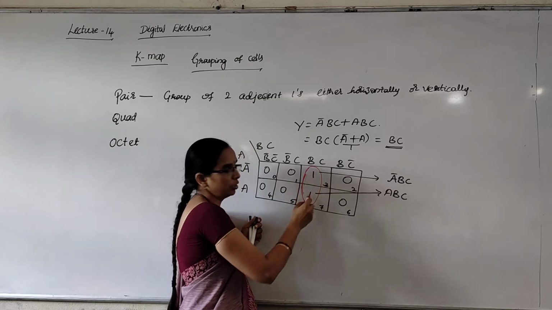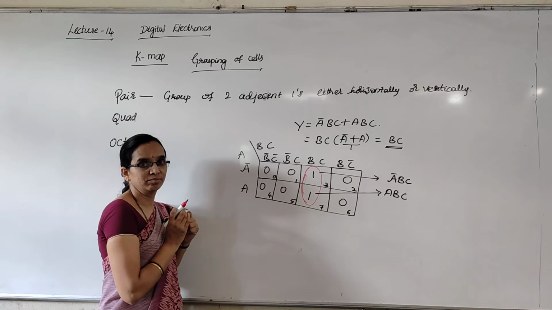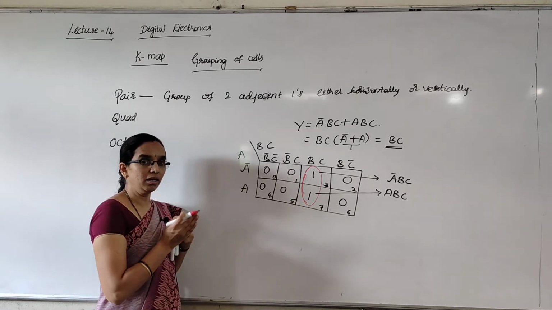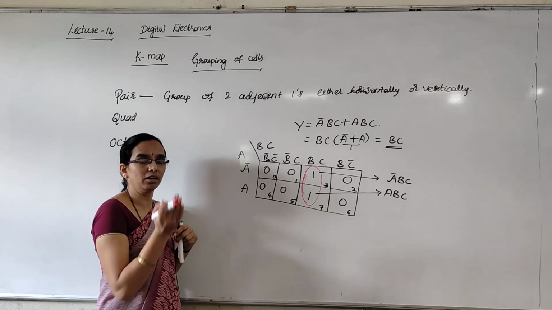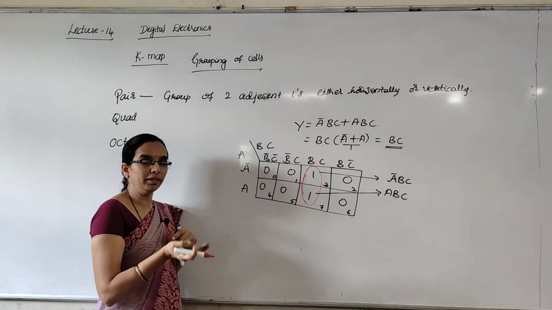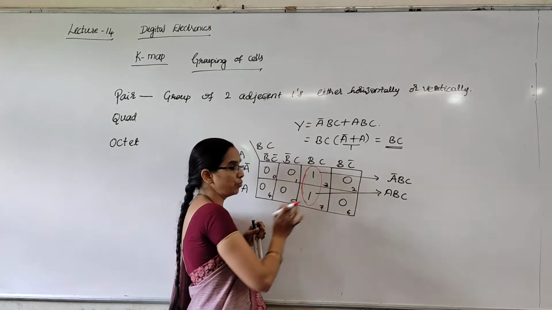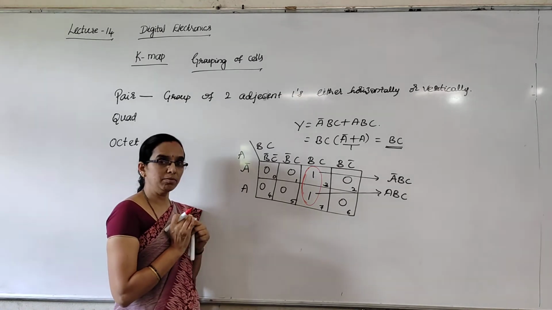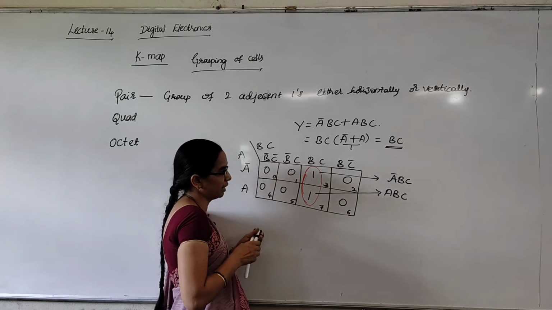BC is same for both the ones, but A is changing. So, we will eliminate the variable which is changing from complement to uncomplement or uncomplement to complement. We will eliminate that. The common variables only we will write. That is the final expression we will write.